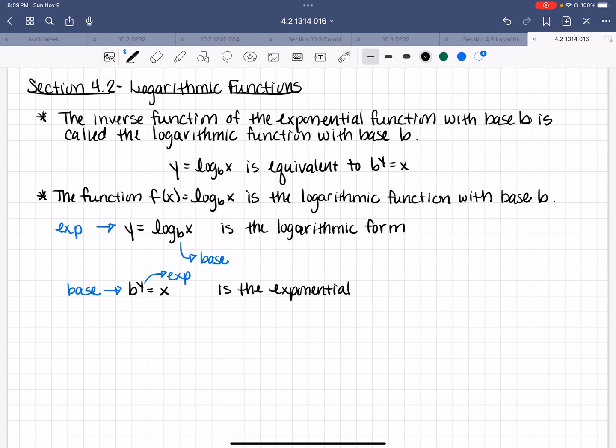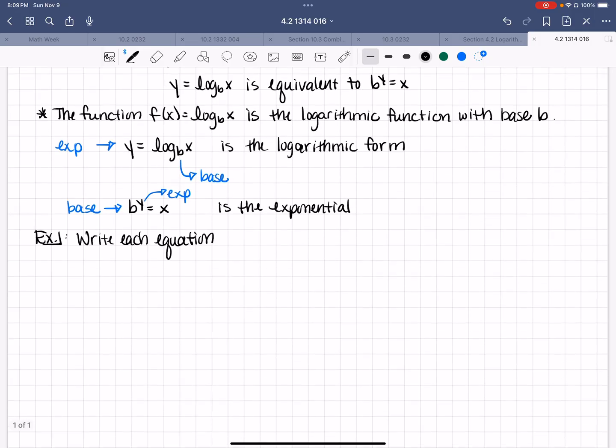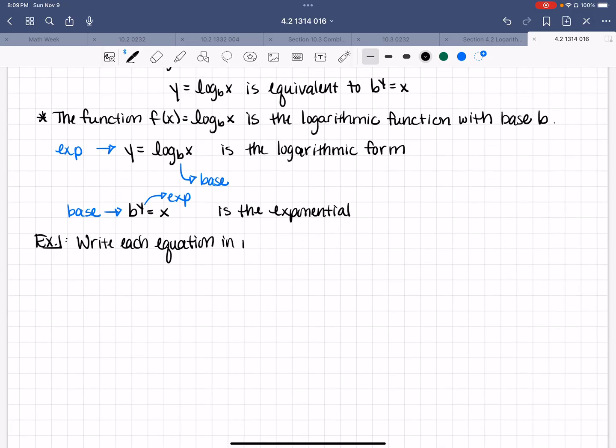So let's look at example 1. Write each equation in its equivalent exponential form.